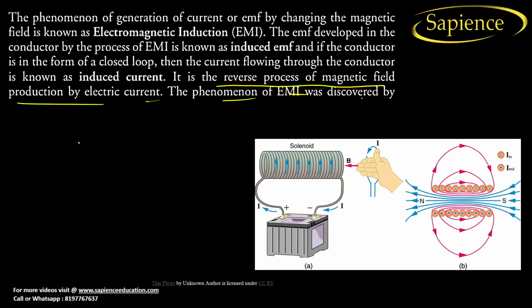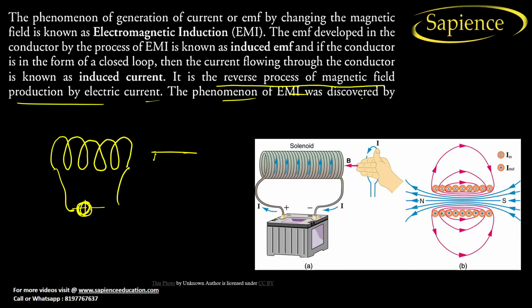Again I'm telling you, if there is a coil and I want the current to flow through this coil without any power source, what should I do? I should move a north pole and south pole magnet like this, to and fro.